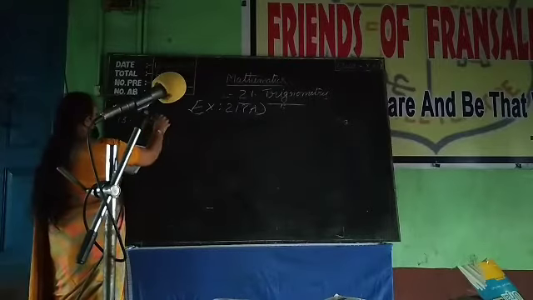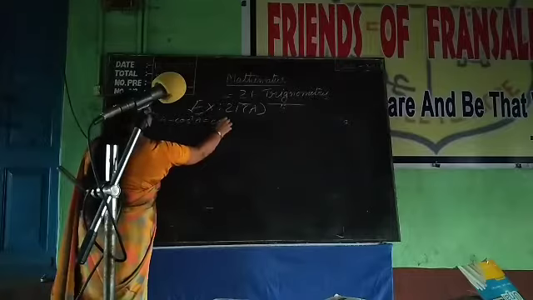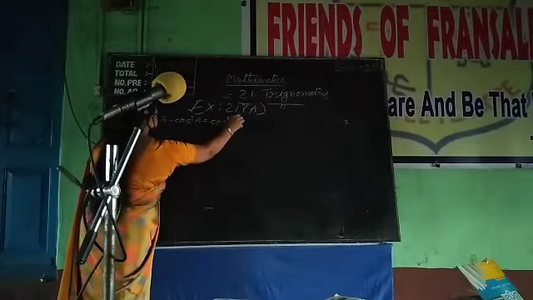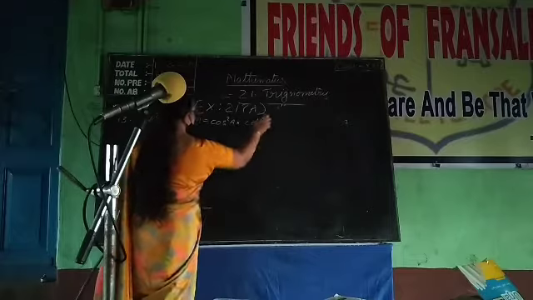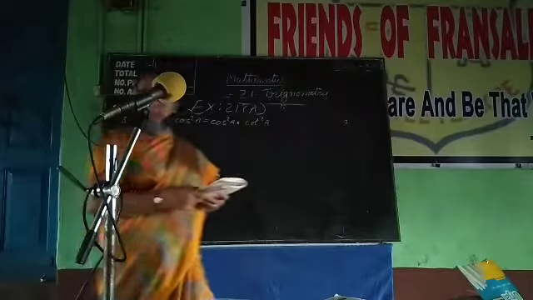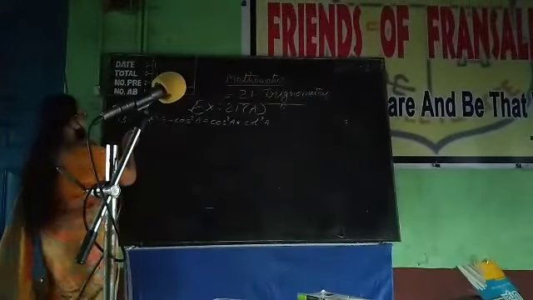Cot square A minus cos square A is equal to cos square A multiplied by cot square A. Same as the 12th sum what we discussed. So let us start from the left hand side.